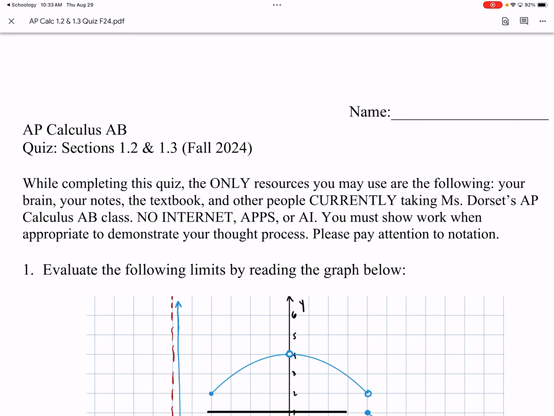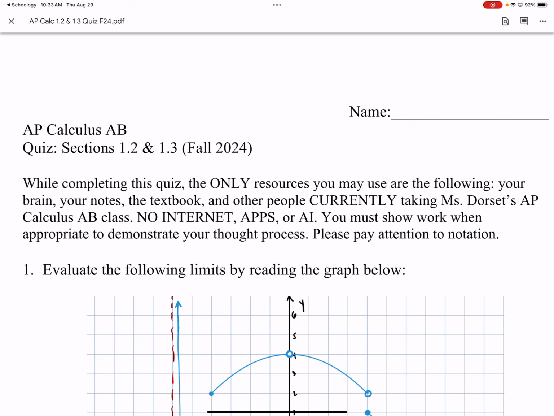Now, no internet, no apps, no AI, but I know you guys are smart enough not even to trust AI, right? It can be confidently wrong. You need to make sure you are showing work. Just because I'm saying you guys can work together, it doesn't mean you can all copy off of one person, right?